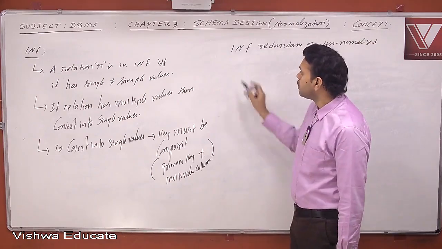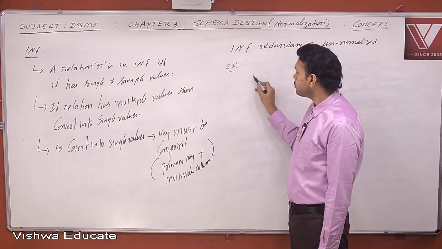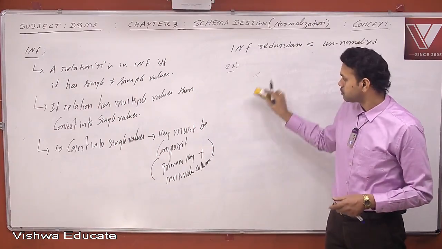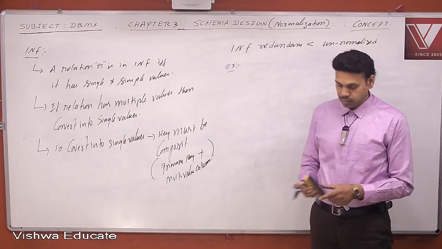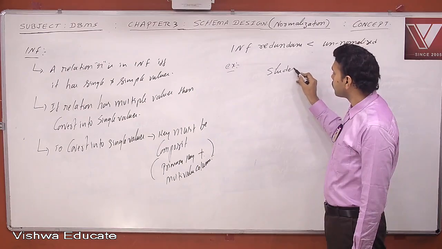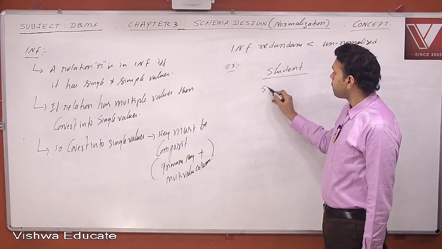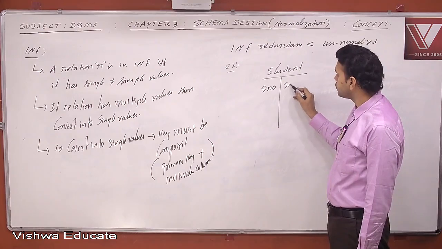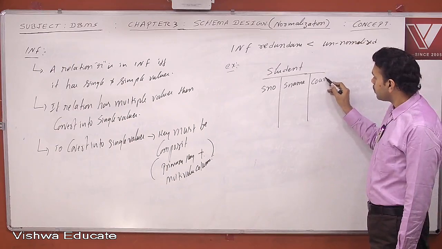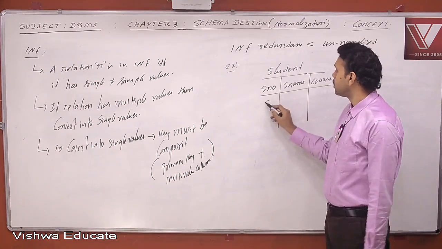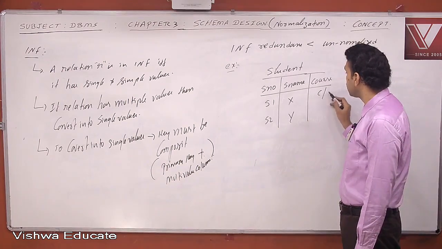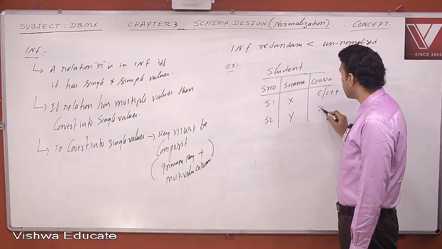For example, there is a table student. It has student number, student name, course: S1, S2, X and Y, C, CPP, Java.